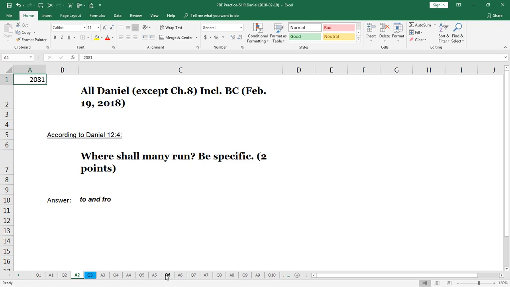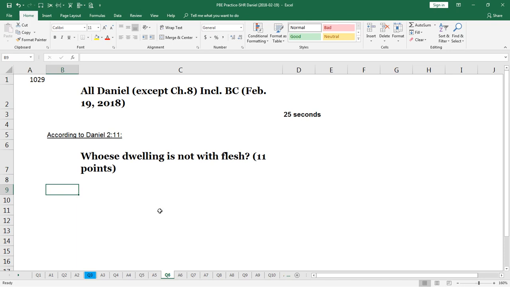I also know that as I'm getting to question 6, I see something strange here. That doesn't look like it's spelled right, and there's no way that this is an 11-point question. So this question here has 2 problems. So I'm going to make a note of that. Whose is spelled wrong.